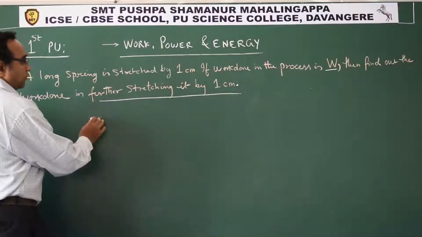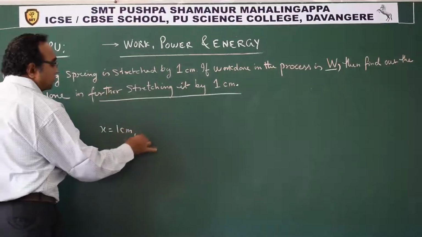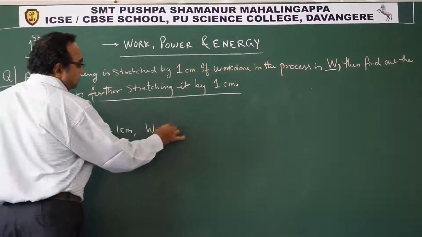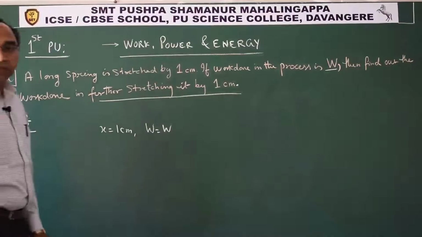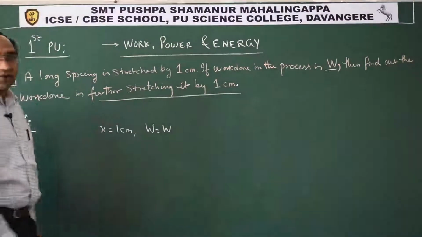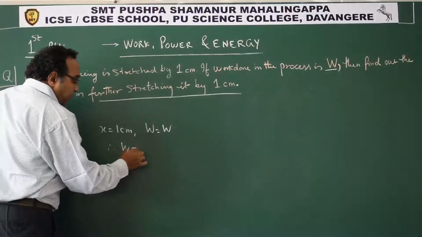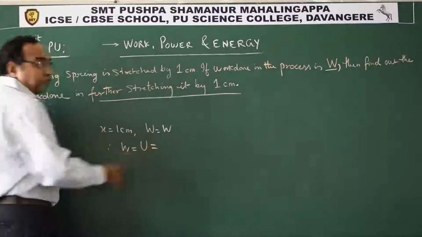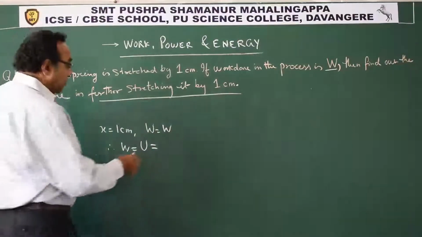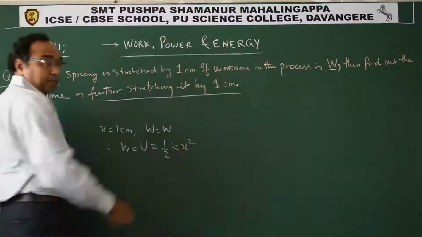Now, it says given is X is 1 centimeter, work done is W. This is the work done, so this is the energy stored in the spring when it is stretched by 1 centimeter. So therefore we can say work done is nothing but the elastic potential energy that gets stored in the spring. So that is given as half k x square.